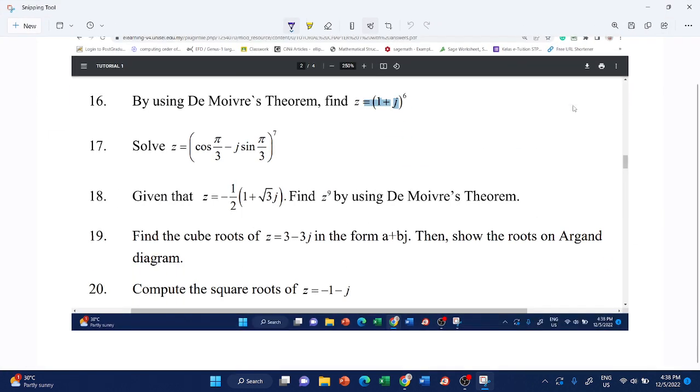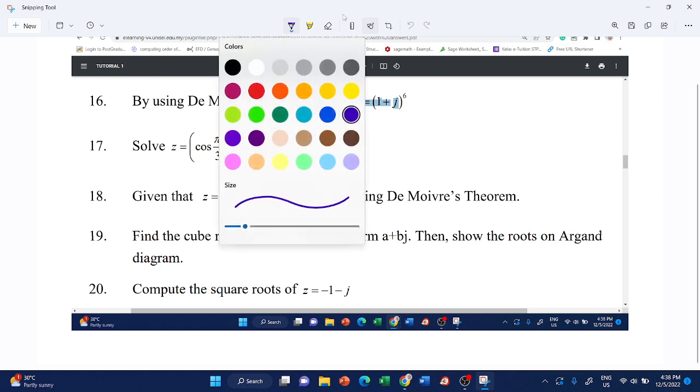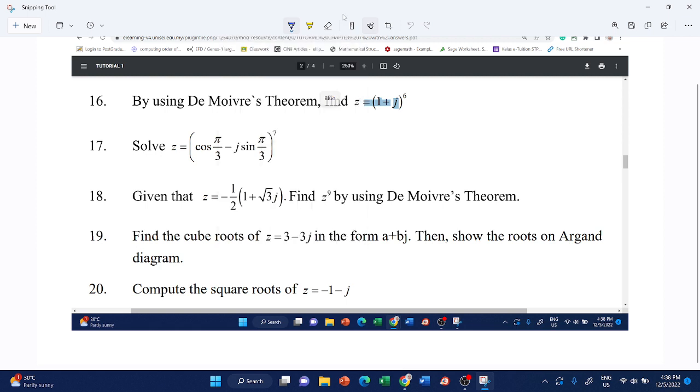We can find r. Do you still remember how to find r? What is the formula for the radius? Square root of a squared plus b squared. A is your x, your b is your y. So if we use this formula, we have 1 squared plus 1 squared.